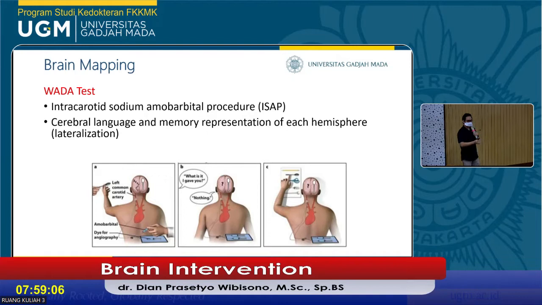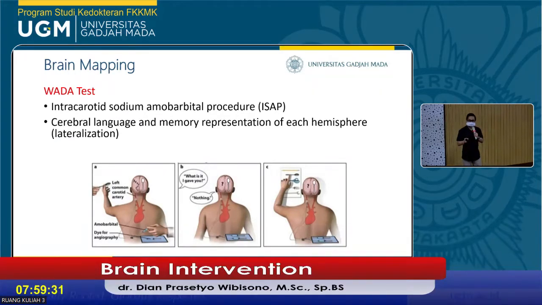For each procedure, after the injection of the amobarbital, we will instruct the patient to do something, or to read something, or to write something, naming something, so we can see which part of the hemisphere is the dominant hemisphere.